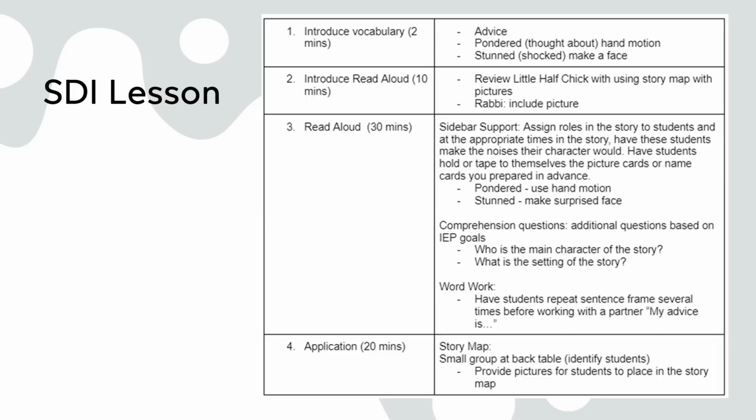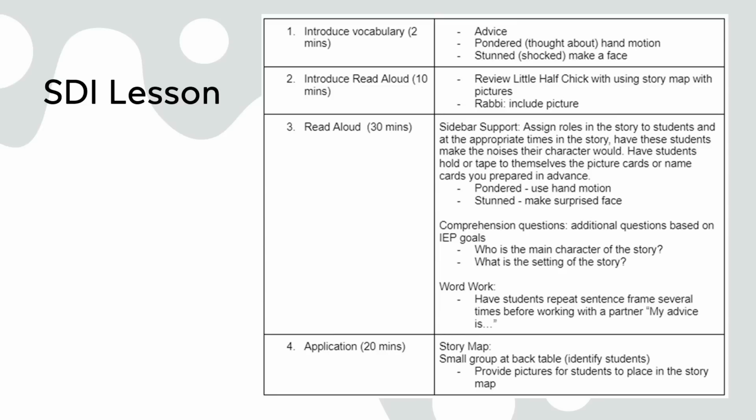This is an example of SDI strategies planned within a first grade knowledge lesson. The CKLA lesson plan is available in the training materials or on the Amplify app on ClassLink. This lesson is Grade 1, Knowledge Domain 1, Lesson 8, The Crowded Noisy House.